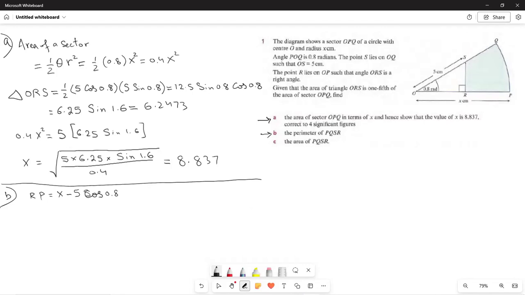Similarly, PQ. PQ is the arc length, and this is equal to r theta, and r is x, theta is 0.8. So this is going to be 0.8x. And then QS.